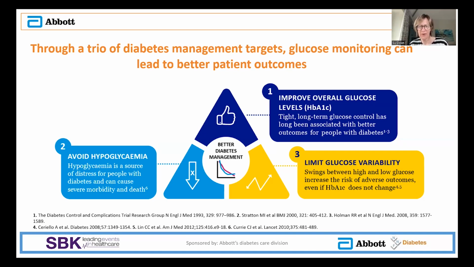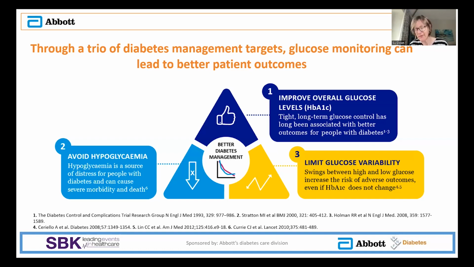But we also know, and have known for some time, that it is just one view of the window, and there are many things that an HbA1c does not tell us. The two other really important things that we have to manage with diabetes control to get the best patient outcomes is the absolute avoidance of hypoglycemia.